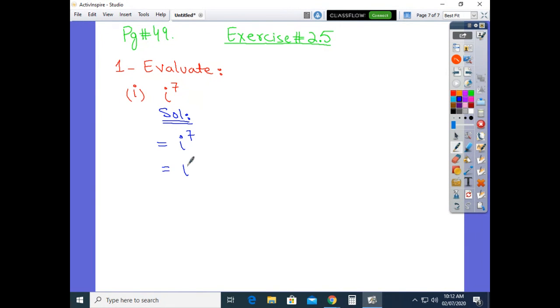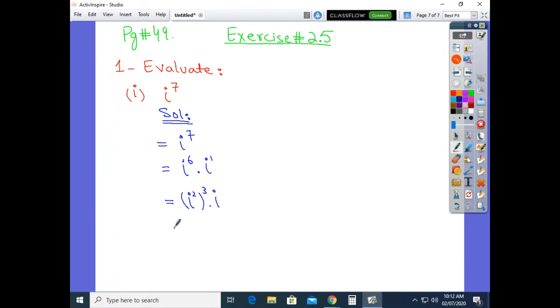We can write iota 7 as iota 6 into iota 1, because iota 6 and iota 1 become iota 7. Now we split iota 6 again as iota square, cube. Why? Because 2 multiplied by 3 becomes 6, and multiply it with iota.